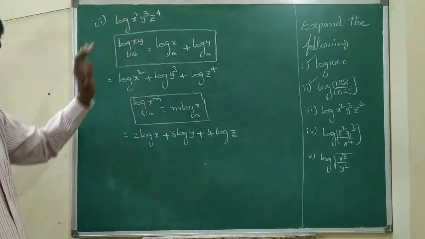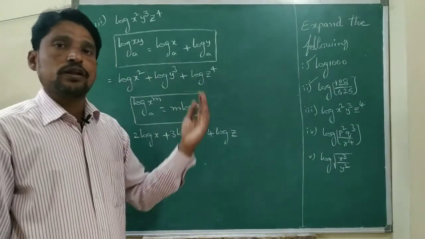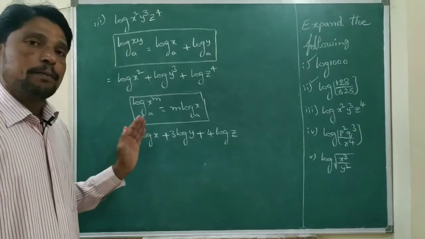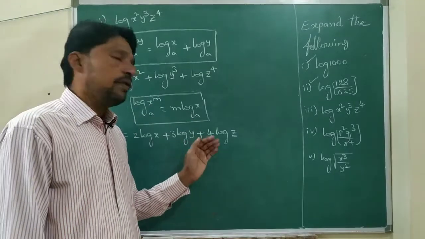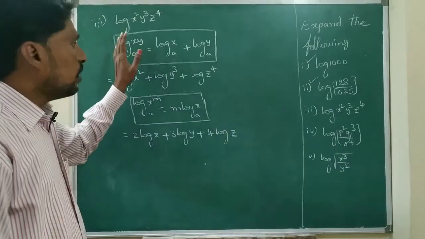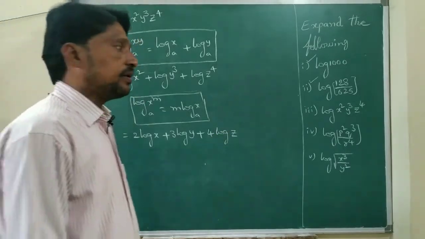So log x square y cube z power 4 equals 2 log x plus 3 log y plus 4 log z. This third one is also completed.